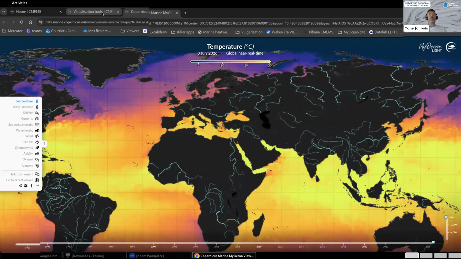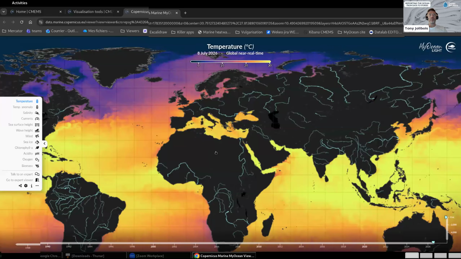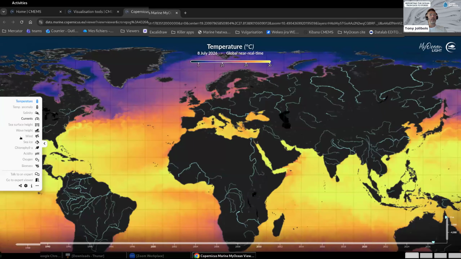So here the MyOcean Lite is a tool allowing you to access, a bit like MyOcean Health, but with more essential ocean variables.